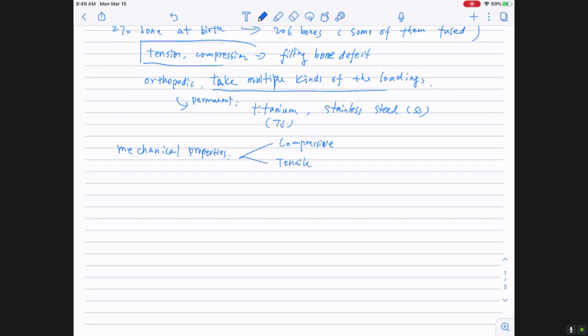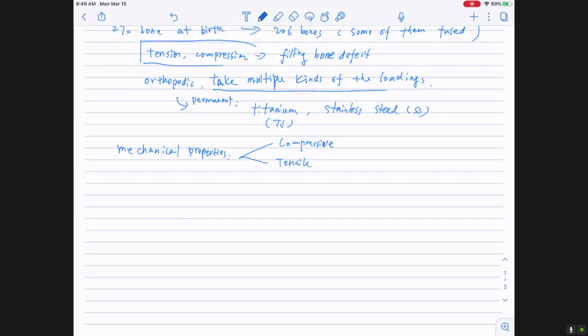So for bone, we generally say it's either matched or not matched. For example, materials with extremely high elastic modulus, I just say E, okay?